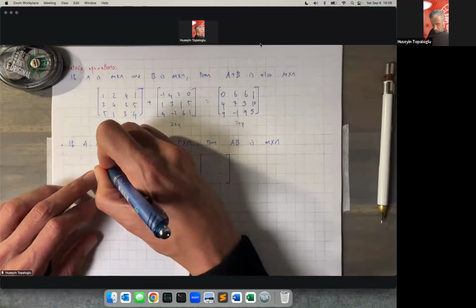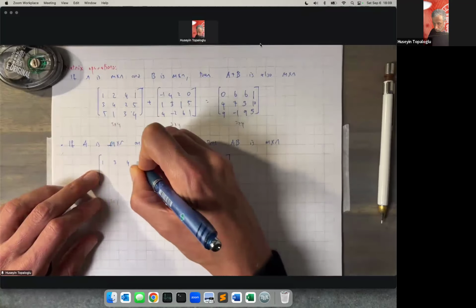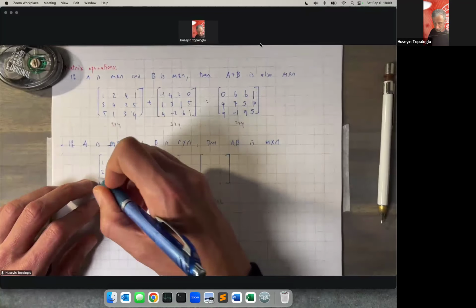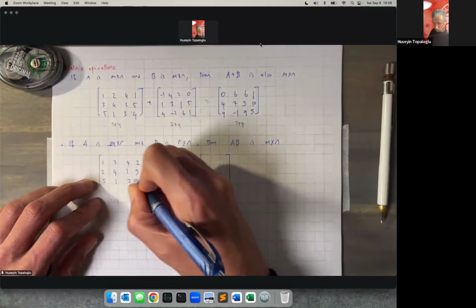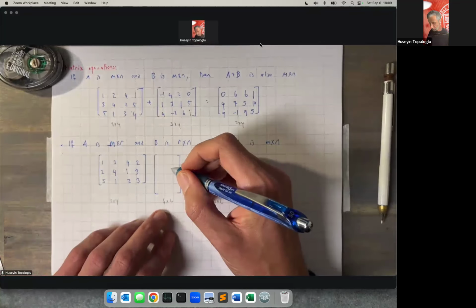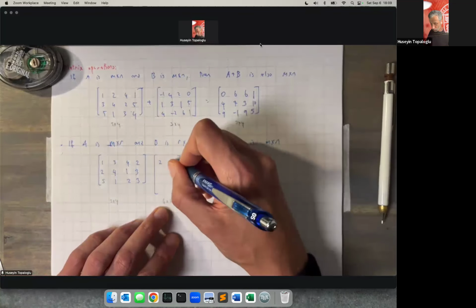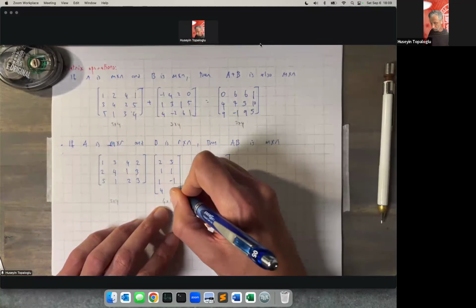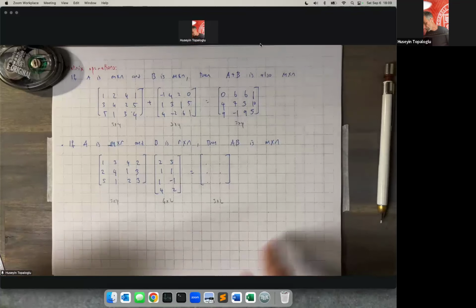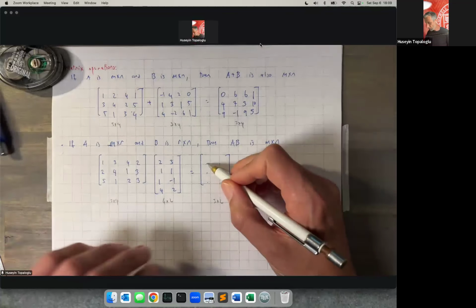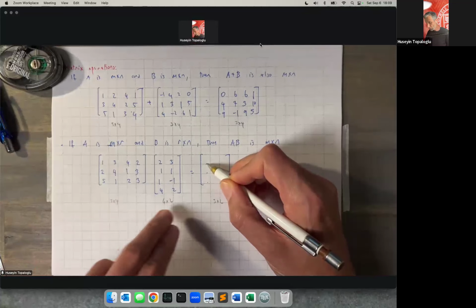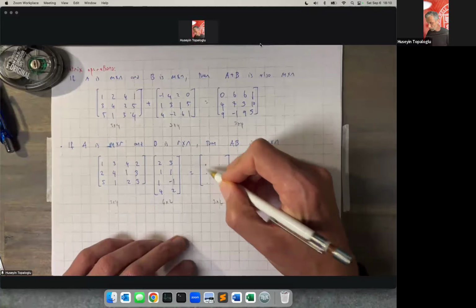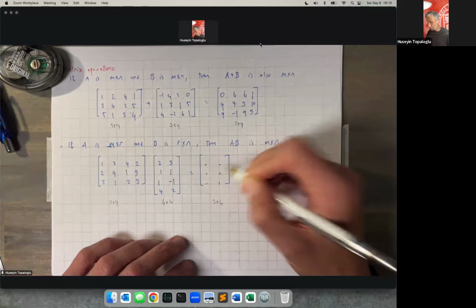Let's say my 3x4 matrix is 1, 3, 4, 2, 2, 4, 1, 3, 5, 1, 2, 3. Let's take my 4x2 matrix and let's say this looks like 2, 3, 1, 1, 1, negative 1, 4, 2. Let's multiply these matrices and let's see what we end up with. So this is 3x4, this is 4x2. So the matrix multiplication is going to give me a 3x2 matrix, 3 rows, 2 columns. Good.